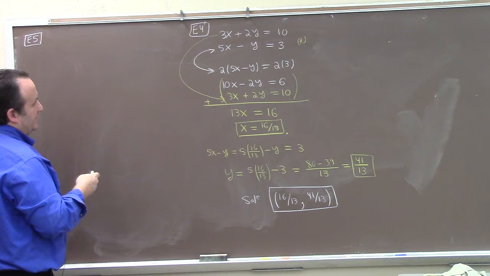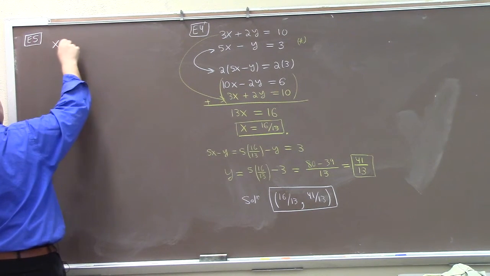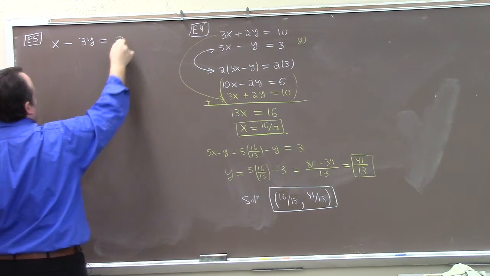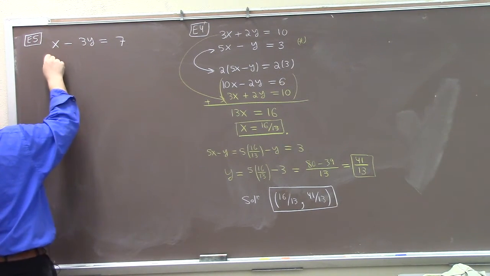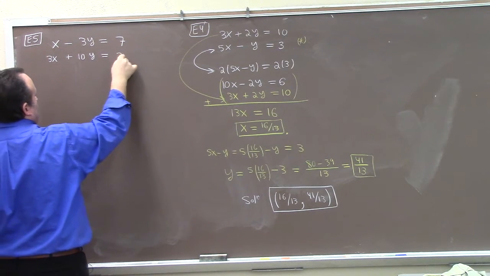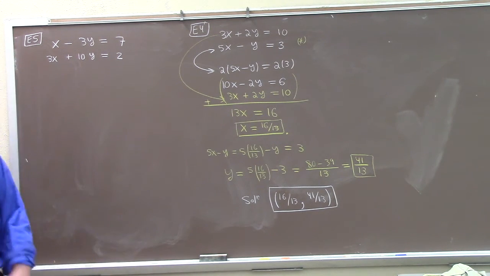All right, so let's see here. Here's another ugly one. If we had x minus 3y equals 7, and 3x plus 10y equals 2, I want to solve that. So let's solve this system.